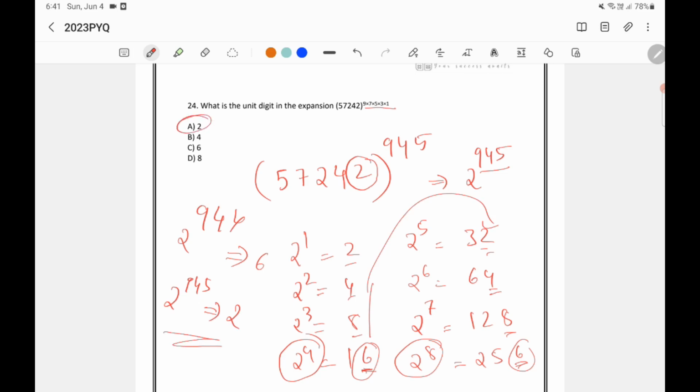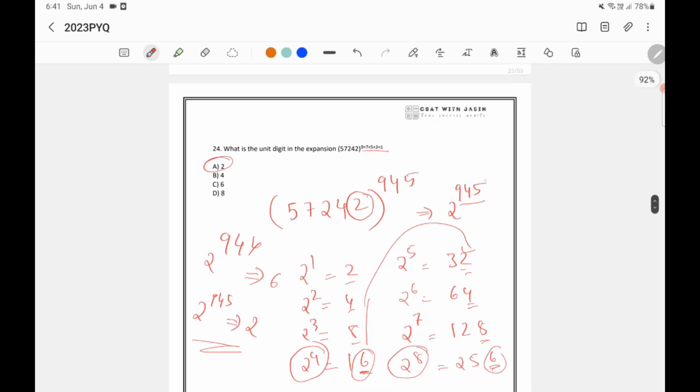You can also do this in a different way. So this is 945. Cyclicity of 2 is 4 because after 4, it's repeating. 2, 4, 8, 6, 2, 4, 8, 6. So after 4 cycles it's repeating. So just divide 945 by 4.